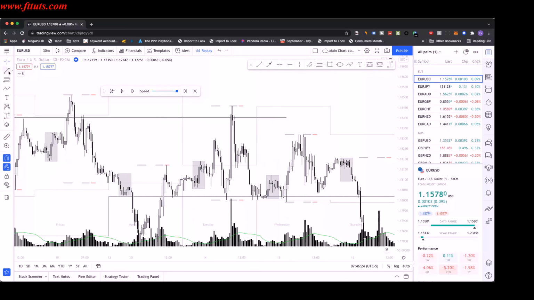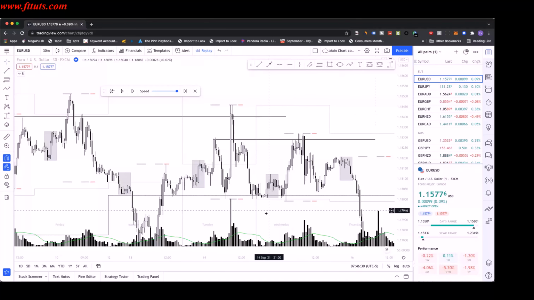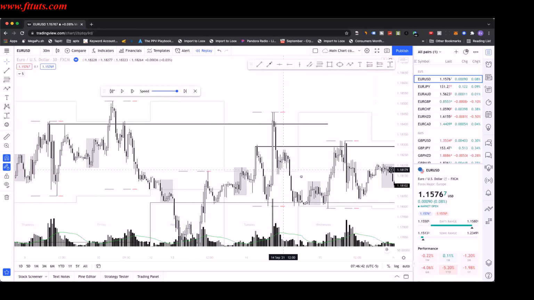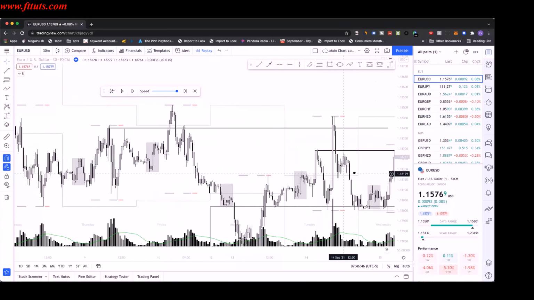You have a QM here. This probably wouldn't have been something you'd have taken, because we would have been waiting for this low to close below this low. So I wouldn't have taken this, but nonetheless, it ended up working out on that one.